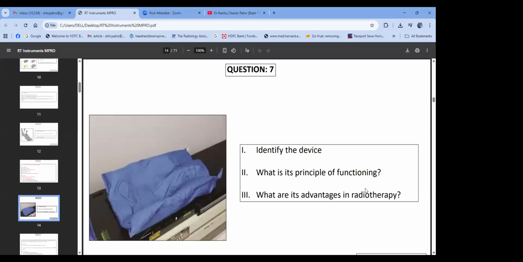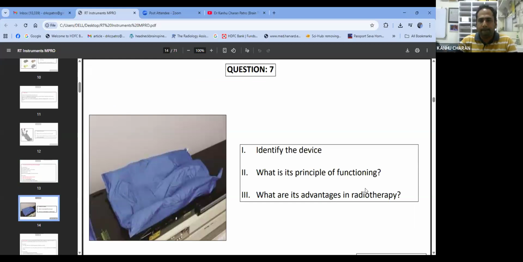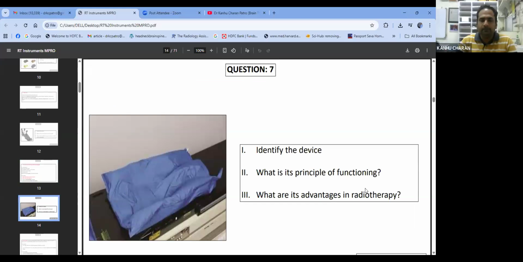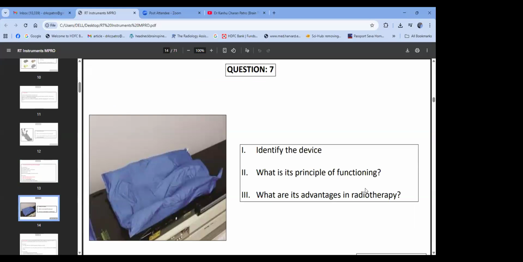Okay, coming to the next question. Identify the device. So this is a Vac-Lok bag, which is a vacuum immobilization device used to mold and support the patient's body in a reproducible position for simulation and treatment. Okay. Which sites is this ideal or most commonly used for?